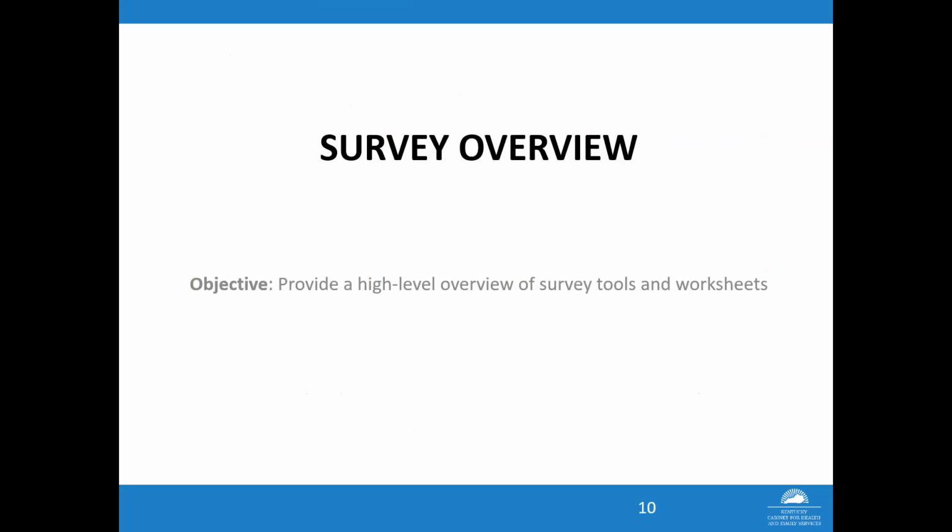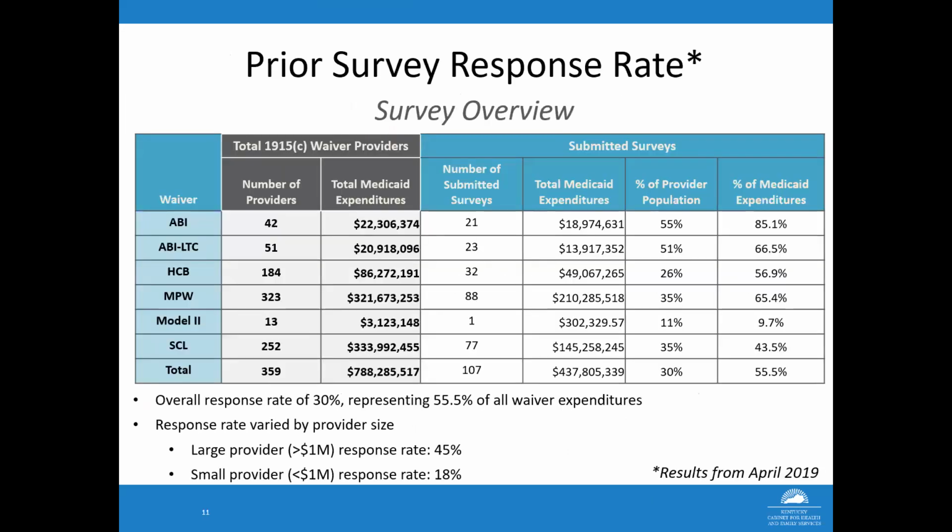All right, so I'm going to start with a high-level overview of the survey. And really, before we get into that, we wanted to orient you all to the responses that we received last time. And as a reminder, we did a large-scale provider survey in 2019.